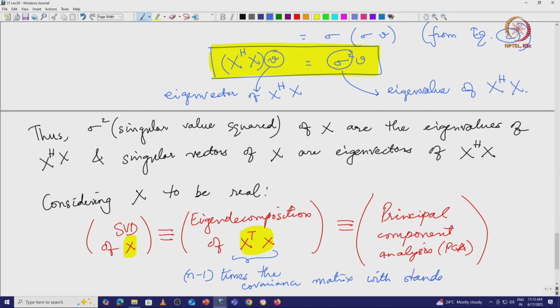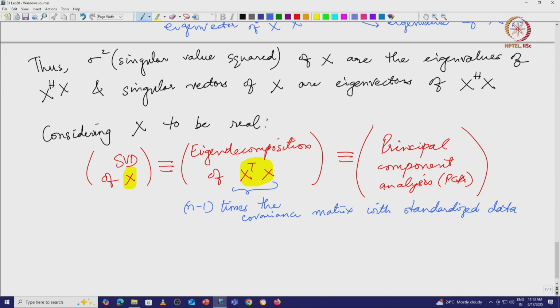I told you that standardization means you zero the mean and you make the variance 1, right. So, this X transpose X is essentially the covariance matrix without a constant factor, and that is essentially principal component analysis, because only the directions of the principal components matter, right. Once you know the directions, you can always normalize them.